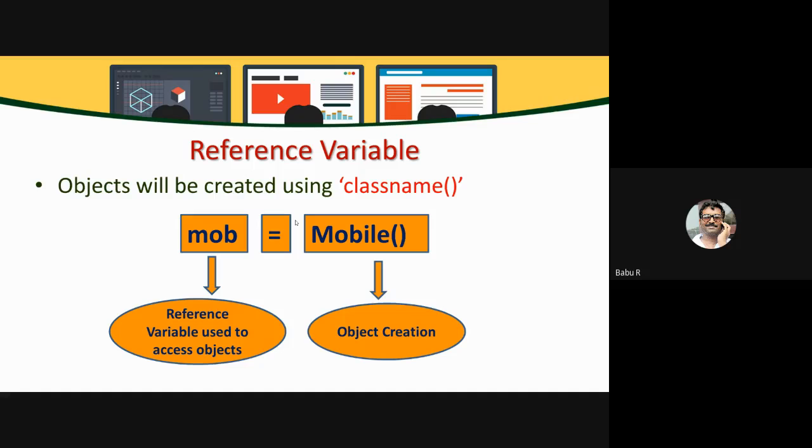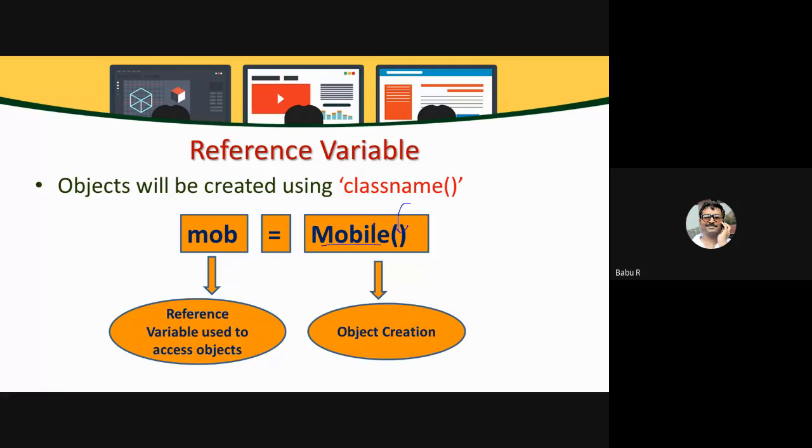Here is the syntax for object creation, which we all know. Mobile is the class name. If we have a class called Mobile, we create an object for that class using the class name followed by open and close brackets. If you want to pass any parameter to the constructor of this class, you can provide it here, and the object will be created.